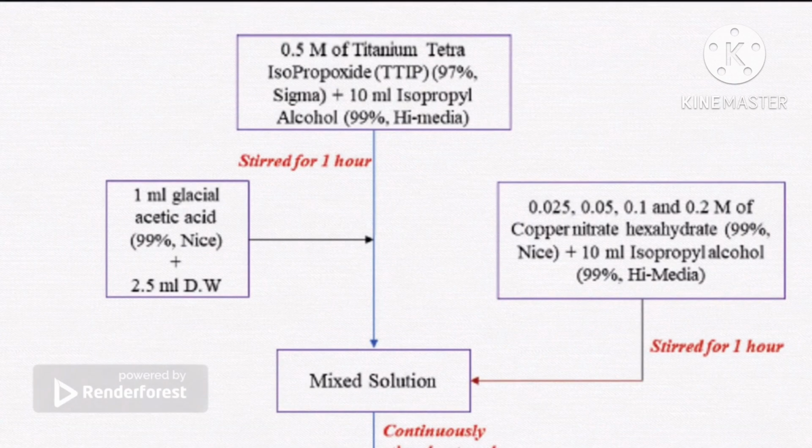The first mixture is titanium tetraisopropoxide and isopropyl alcohol, stirred for 1 hour. After that, add glacial acetic acid and deionized water. The second mixture, copper nitrate hexahydrate and isopropyl alcohol, is prepared by stirring for 1 hour.